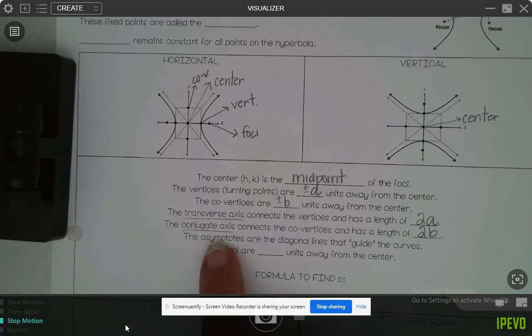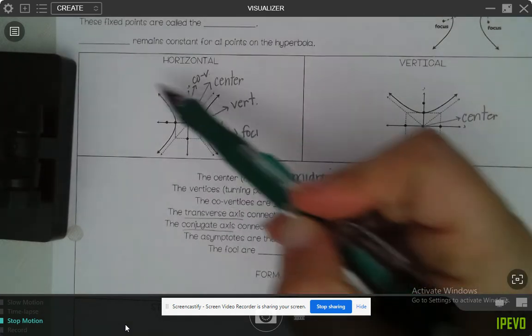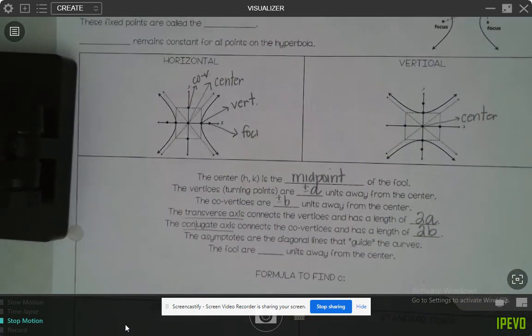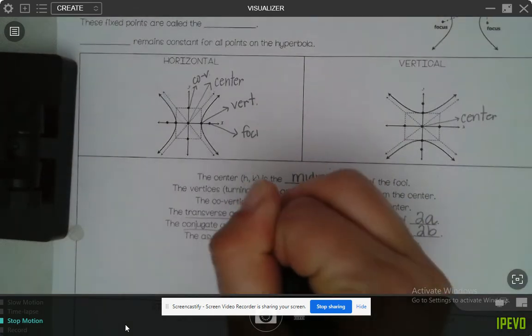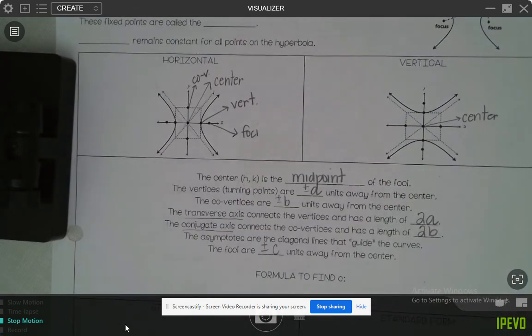You then have asymptotes that are diagonal lines that guide your hyperbola. You will need to draw them every single time you draw a hyperbola. If you don't graph everything that I graph, it will not be correct. And then the foci are plus or minus c units away.